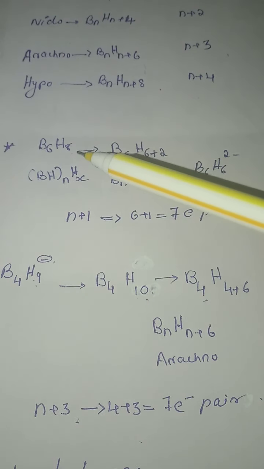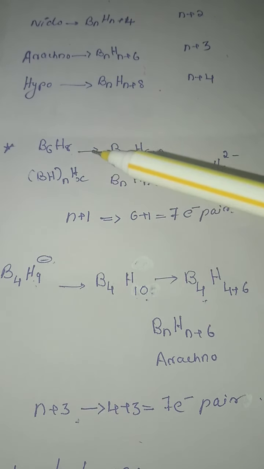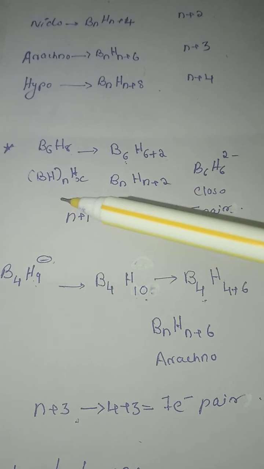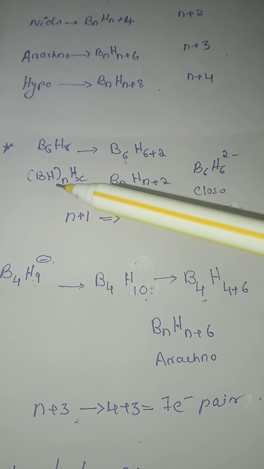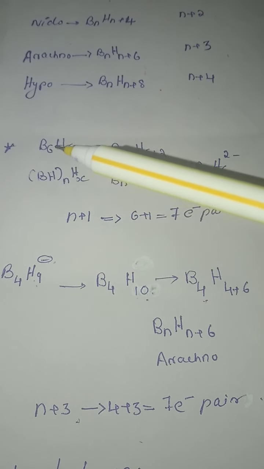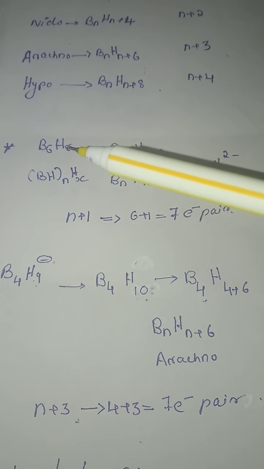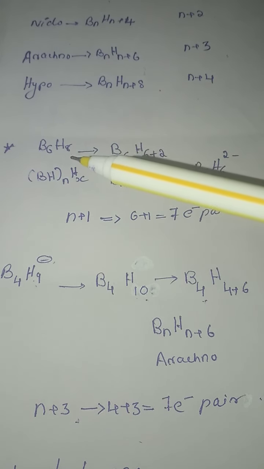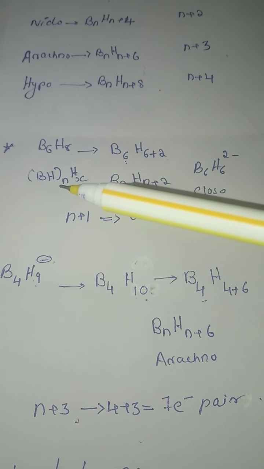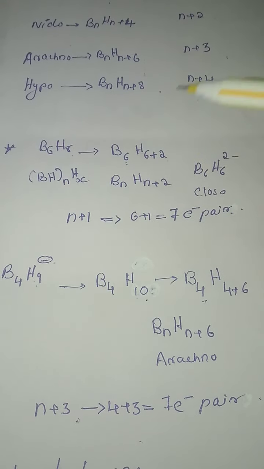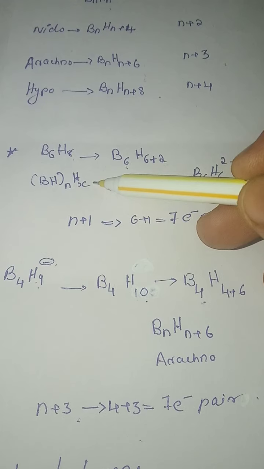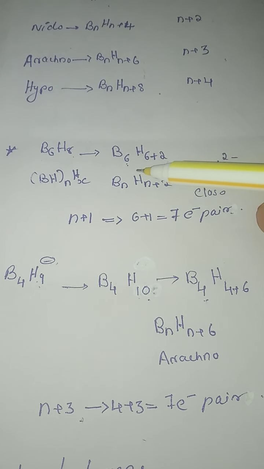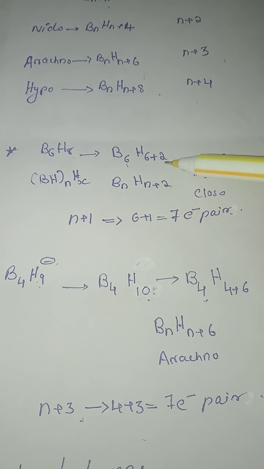The first question is B6H8. First of all, we have to find how many BH units are there. Here boron is 6, so hydrogen 6 plus 2. So there are 6 BH units, B6H6 and HX, where X is the extra hydrogen. So we can write B6H6+2.